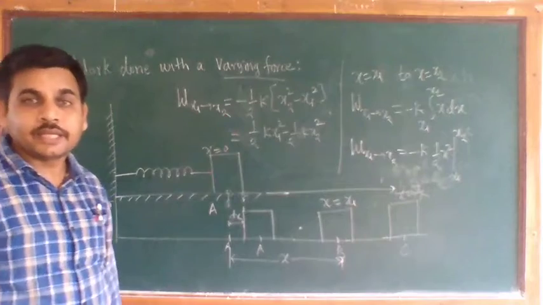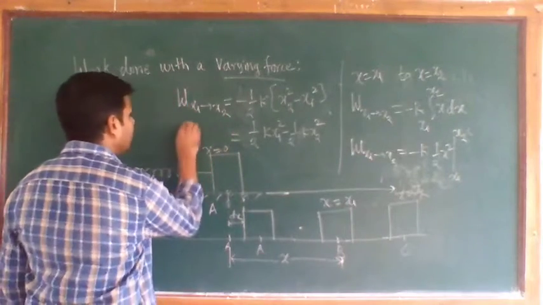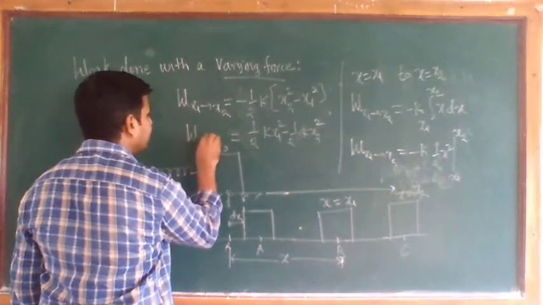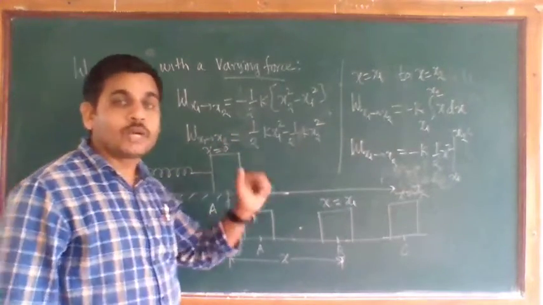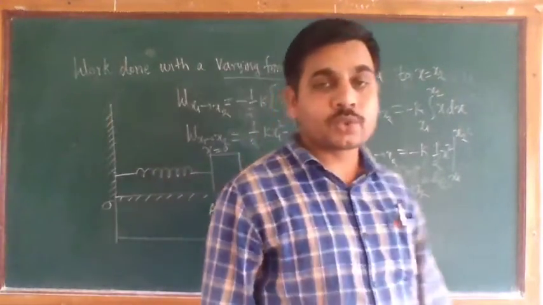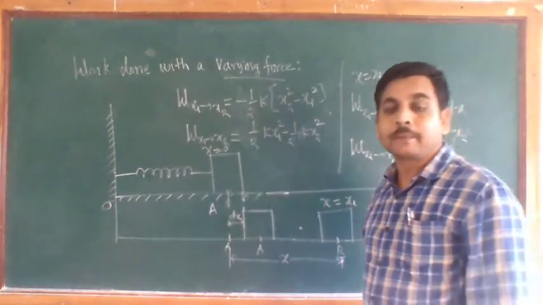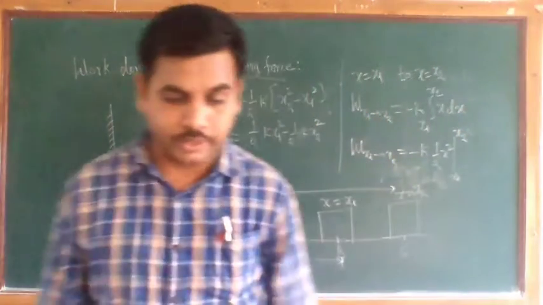We can simply write this total work done from x1 to x2 is equal to 1 half k x1 square minus 1 half k x2 square.